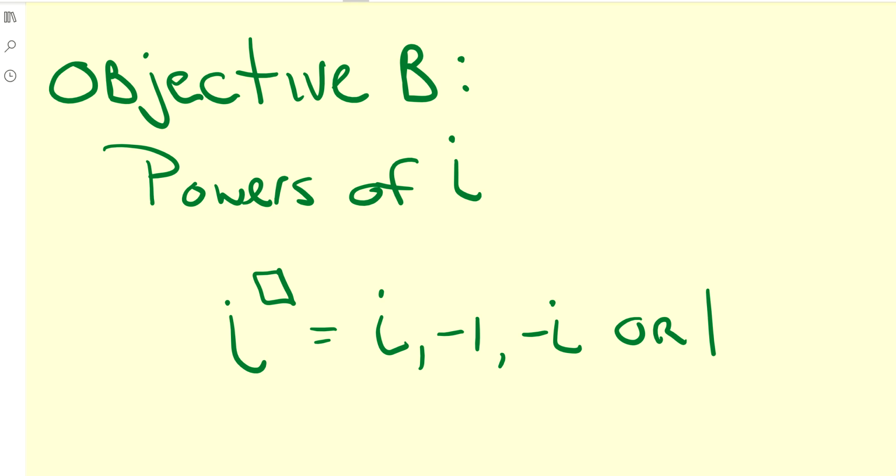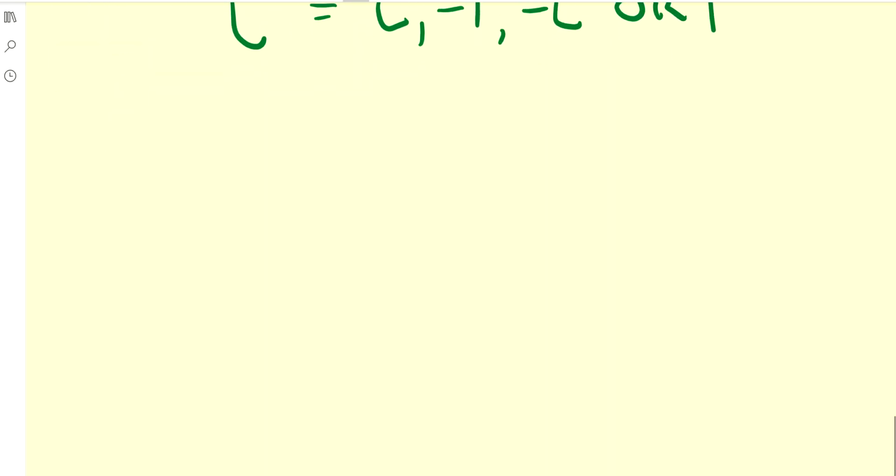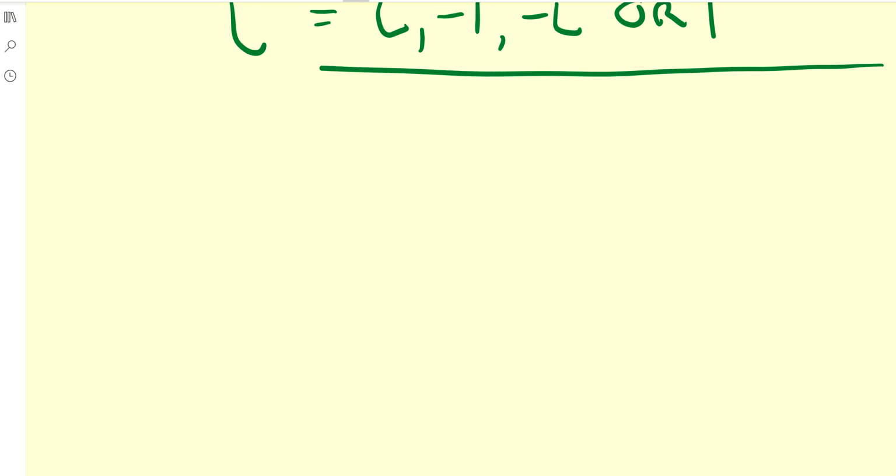One thing we do know is that i to the second power is going to equal what? i squared is going to equal negative 1, because i equals the square root of negative 1. That's only one little example there. Let me give you an idea here. My way of doing this is slightly different than the textbook's.